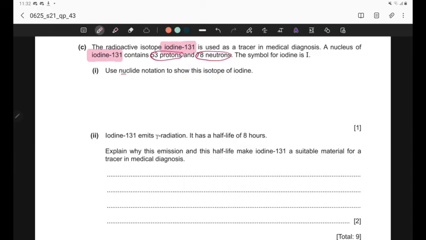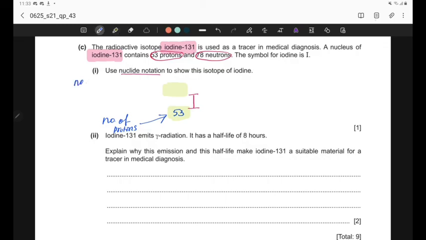So in order to represent the notation, we should write the symbol of iodine first. Then at the bottom left side, we should write the number of protons, and it is 53. Likewise, at the top left side of the symbol, we should write the mass number.